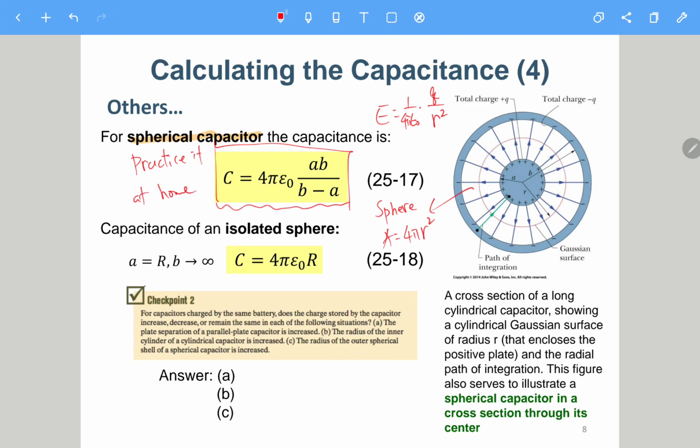If you have some difficulty, you may ask me later. This is the expression of the spherical capacitor.